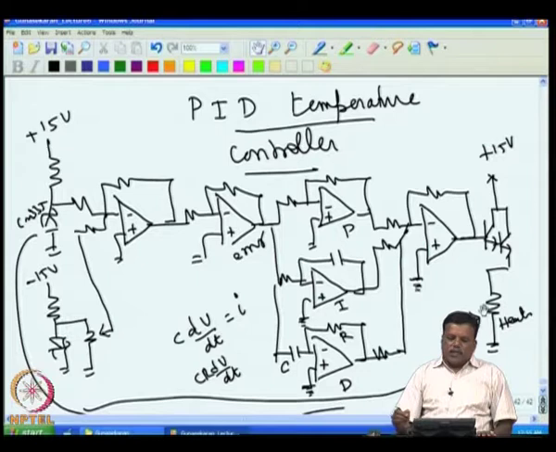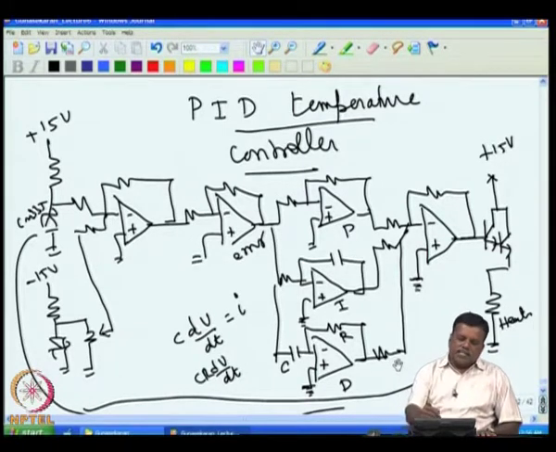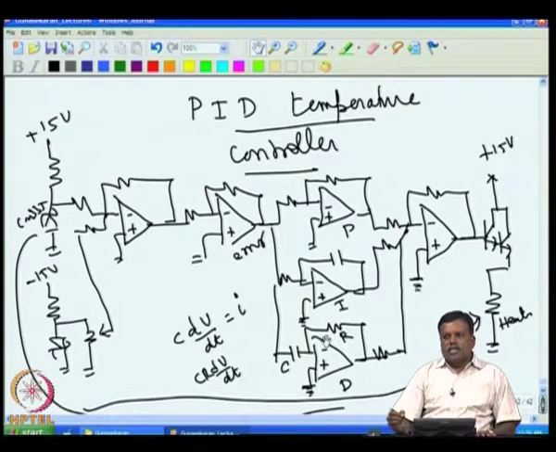So that way the differentiator helps the system to stabilize fast, and invariably we match the differentiator time constant equal to the sensor time constant, because the sensor time constant will be the lowest.